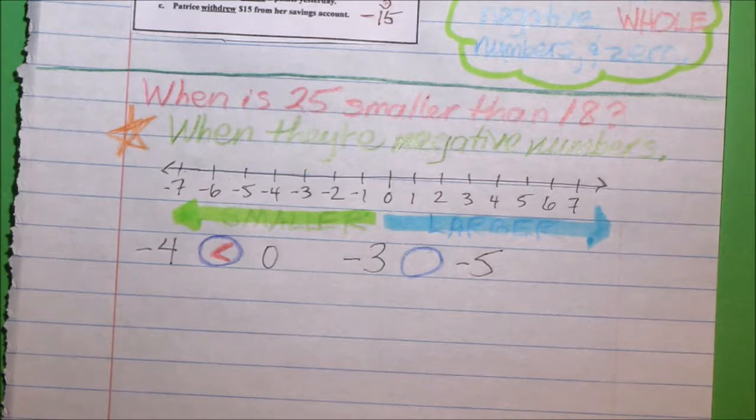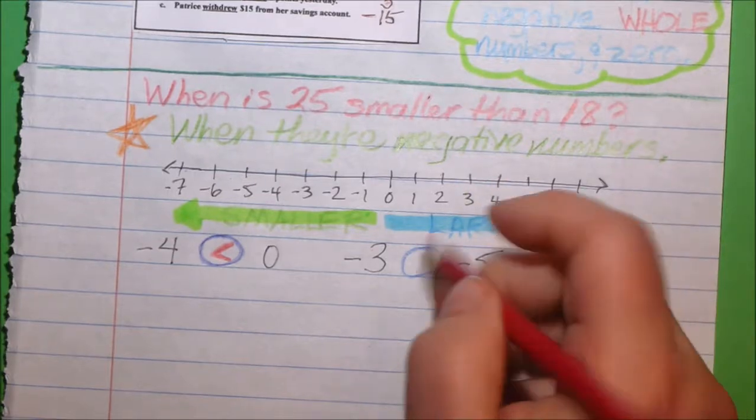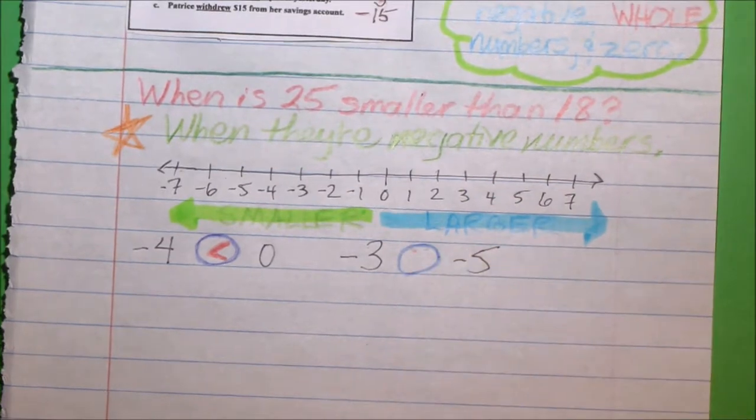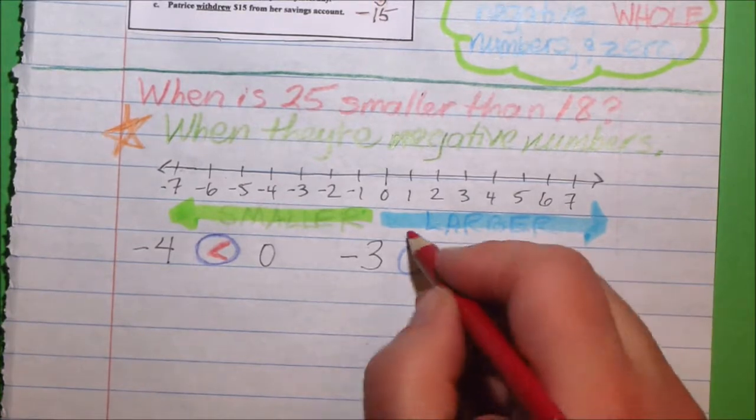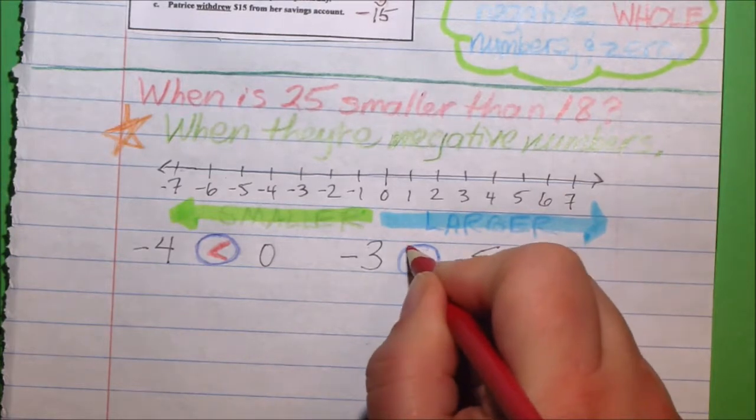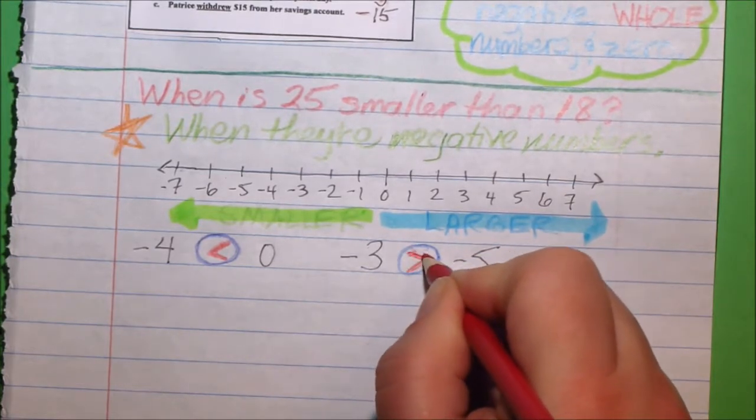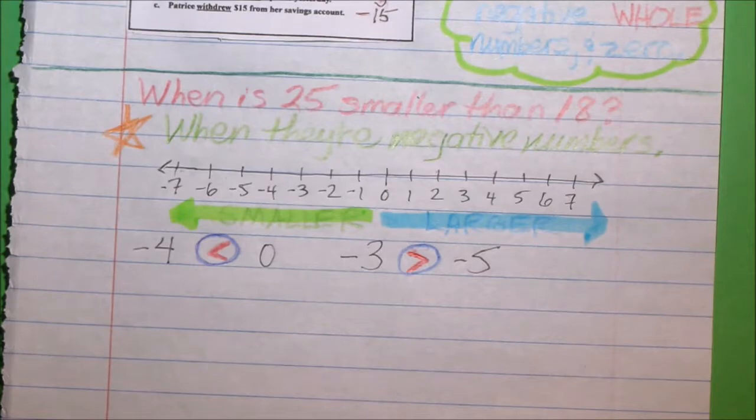So -5 is a smaller number than -3. So -3 is larger than -5. There we go.